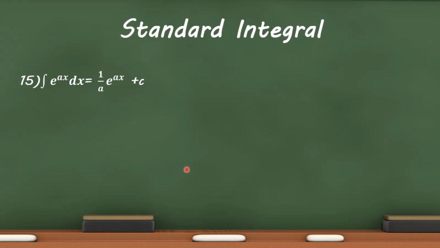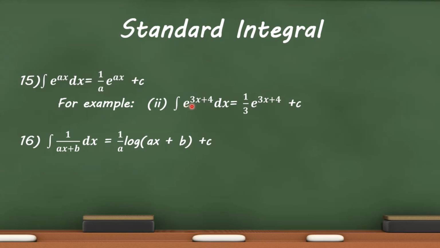Then next, integration of e power ax dx equals 1 upon a e power ax plus c. Already we have covered that integration of e power x is e power x, but integration of e power ax, you can write as 1 upon a into e power ax.